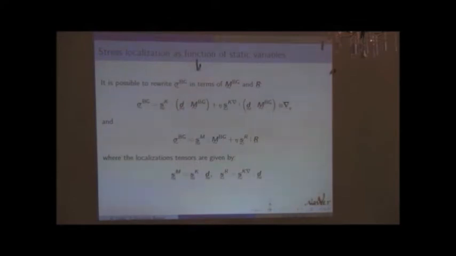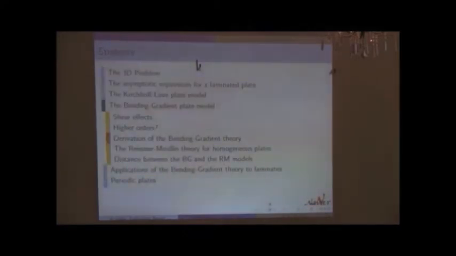It's just a matter of substitution. Using the bending constitutive equation, I replace the curvature with that. This is the compliance. Sorry, maybe I haven't said that: small d is just the inverse of capital D. So D is the bending stiffness tensor, and small d is the bending compliance tensor.